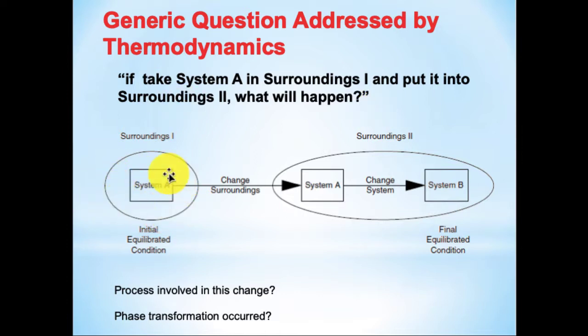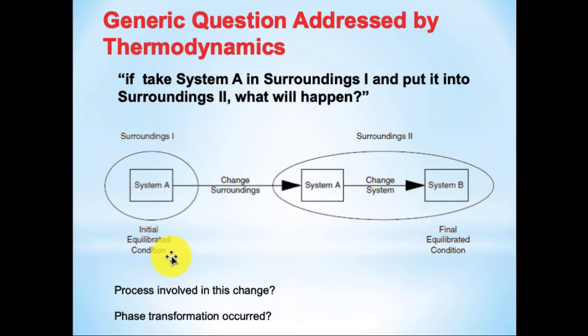So you have system A and system B. Second is the surroundings, which is the matter in the vicinity of the system that is altered because it interacts with it. We have two surroundings here, surroundings 1 and surroundings 2.